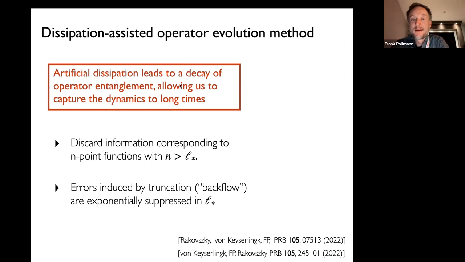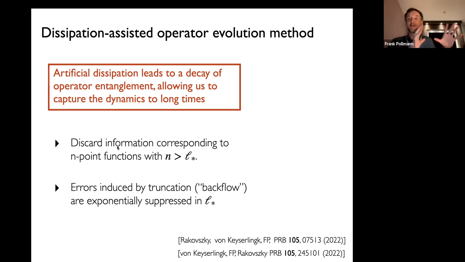And then in this picture, we can represent the time evolution of the operators up to very long times. So that's the key idea, that we are now introducing an artificial but well-motivated dissipation on the operator evolution.